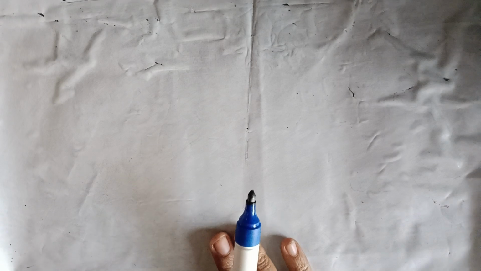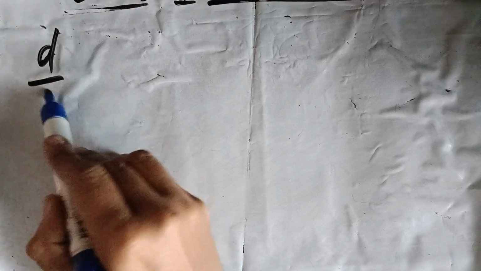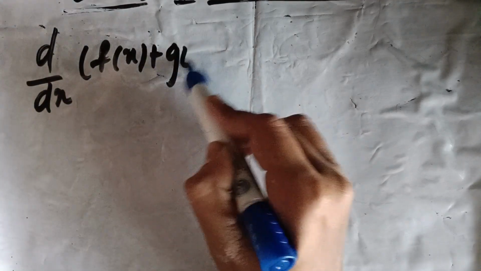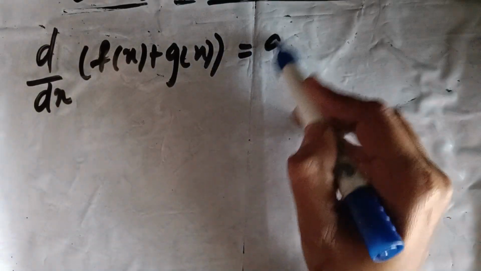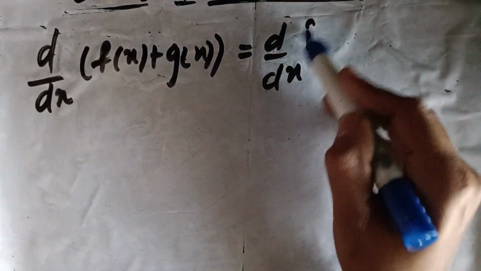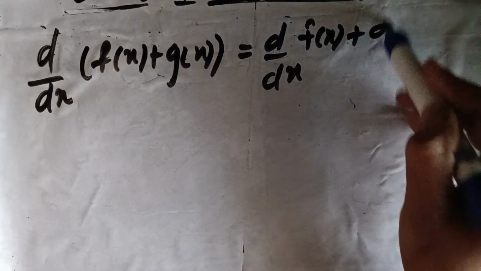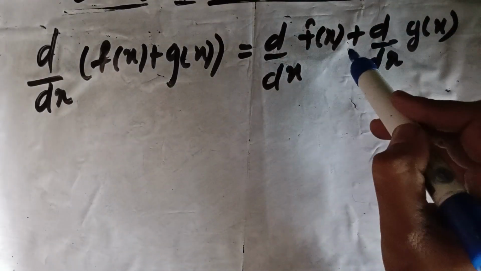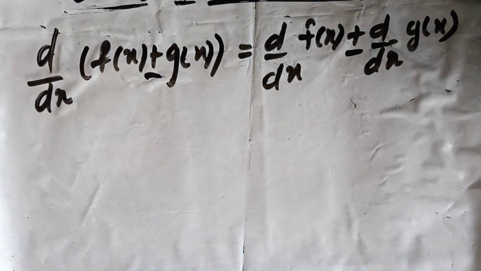Let's learn the algebra of derivatives of functions. It's simple. When it is addition, you have to take the derivative of both with plus or minus. That is, d by dx of f of x plus g of x becomes d by dx of f of x plus d by dx of g of x, plus or minus.